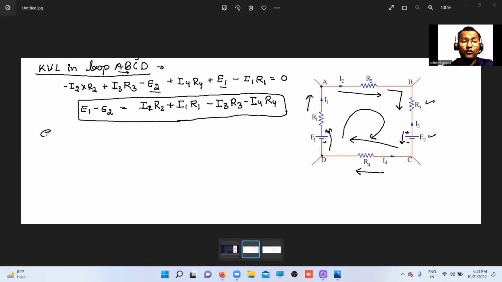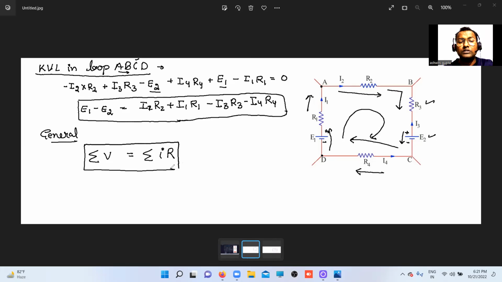So in general, what can we say? For KVL, sigma V is equal to sigma IR. The total amount of voltage or the EMF, electromotive force, given in a circuit is equal to the total drop across the different branches of resistors.